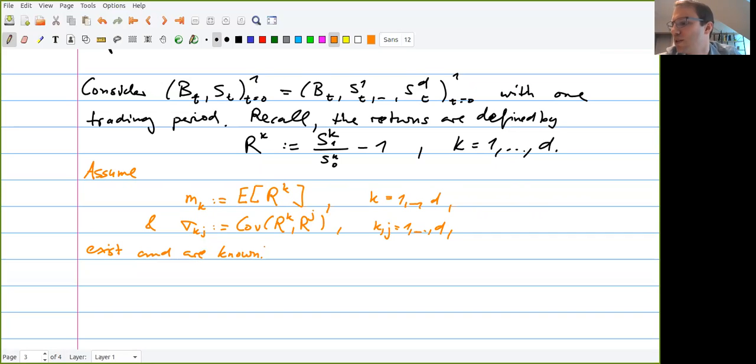This is what we always assume, that we have the parameters of our model. Of course, in reality, one needs to estimate the coefficients of these models from real data. But here, we develop the math, so we assume that we know these parameters.